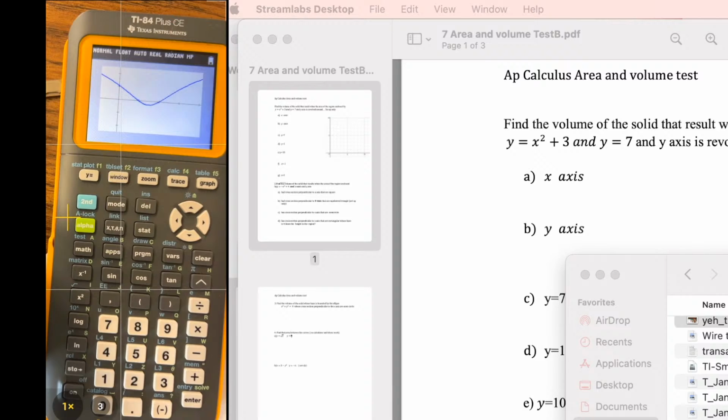On the homework, was it furthest to the left or furthest to the right? Furthest to the left between 0 to 3, right? 0 to 3, I think.